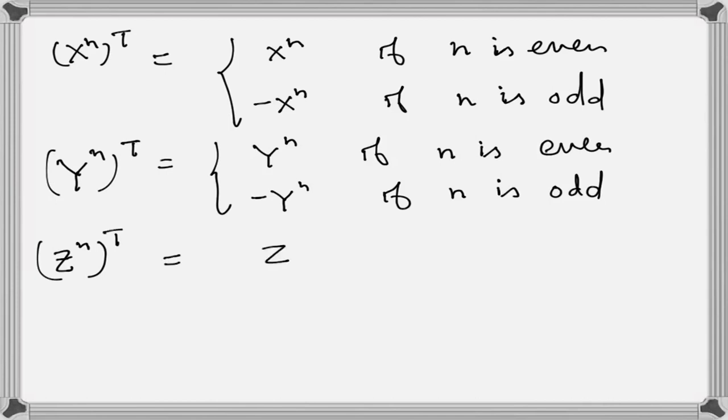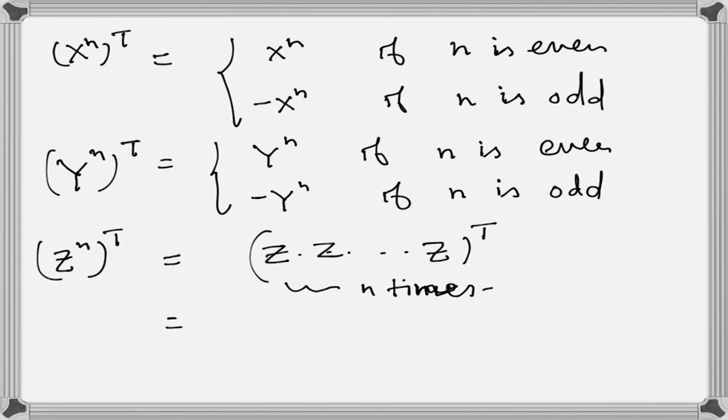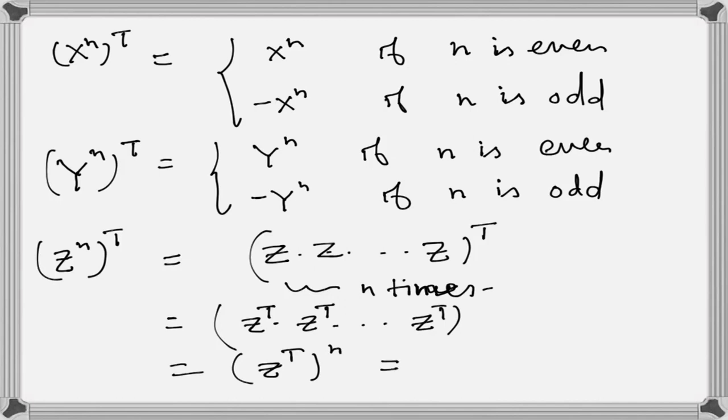So this is nothing but Z multiplied by Z n times, transpose, so this is nothing but Z transpose multiplied by Z transpose, and this is nothing but (Z transpose) to the power n, and Z transpose is Z, so this is nothing but Z to the power n.